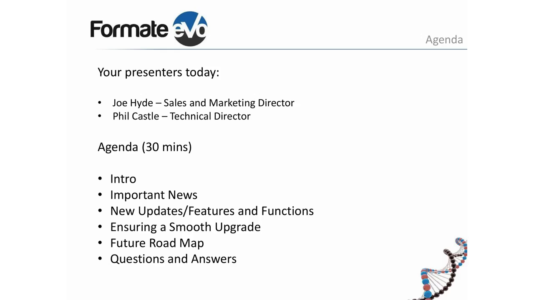In terms of agenda, we're going to cover some important news today in terms of Document Genetics and the Formate product in general. We're then going to have a quick look at updates to the product, new features, and try and explain some of the ways in which we'll use these features.